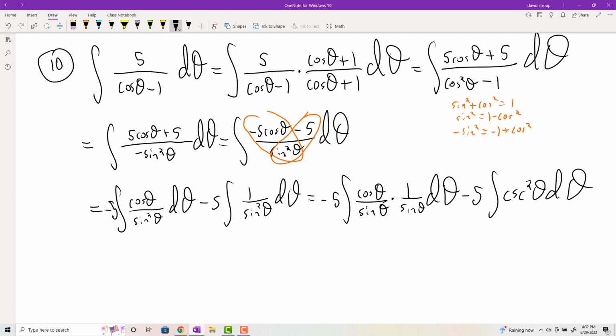Let's clean that first one up and see what it is. So I believe I said this was cotan theta times cosecant theta, and that thing right there is the derivative of negative cosecant. So to get the antiderivative, that is negative cosecant.